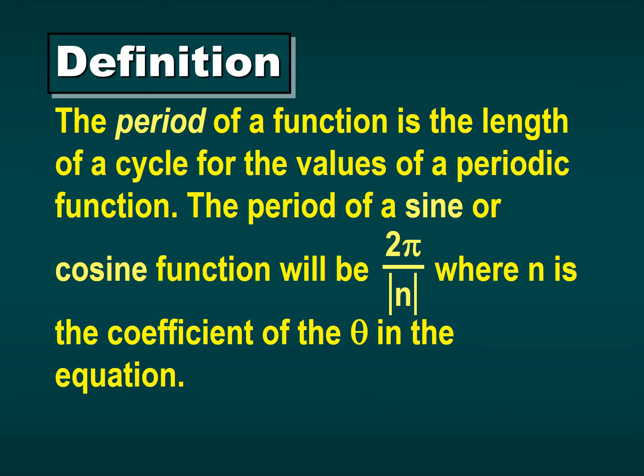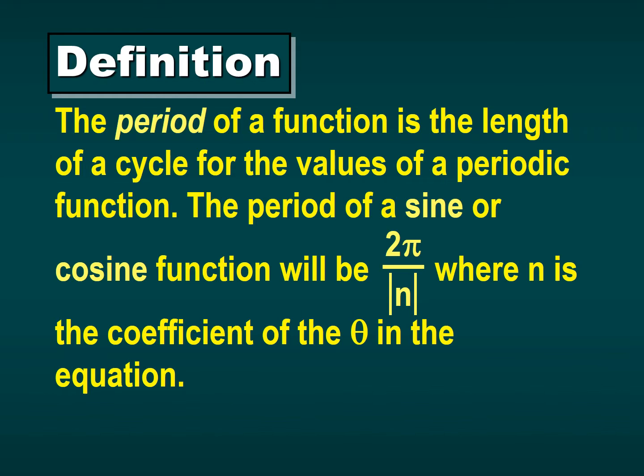We have what's called the period of a function. We talked about periodic functions in our last lesson, and it is the length of a cycle for the values of a periodic function. So for sine and cosine, if we want to figure out what our period is, we're going to take 2 pi, which, remember, is the period of our parent functions, y equals sine of x or y equals cosine of x.